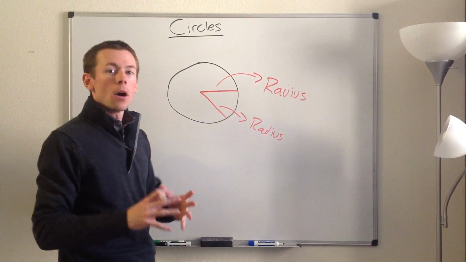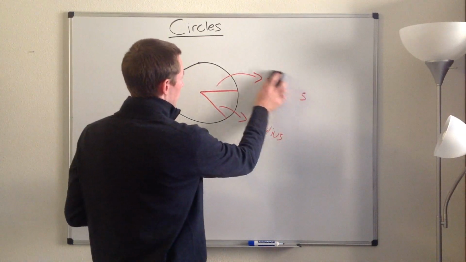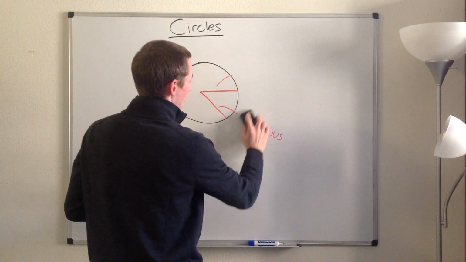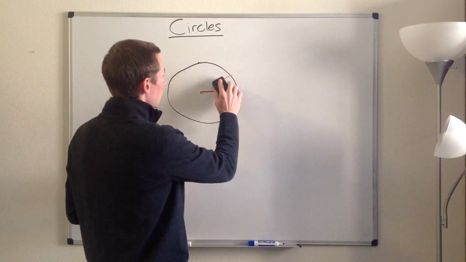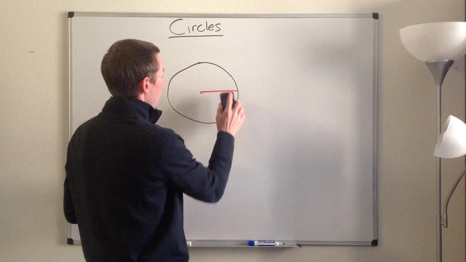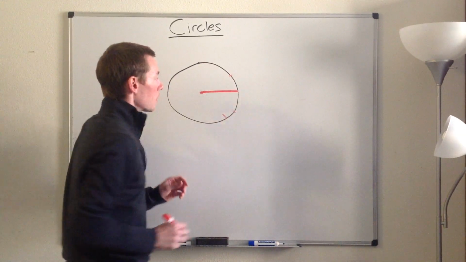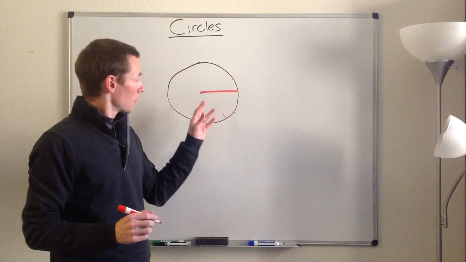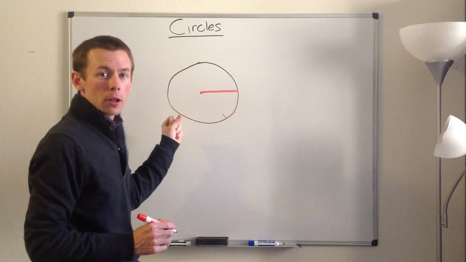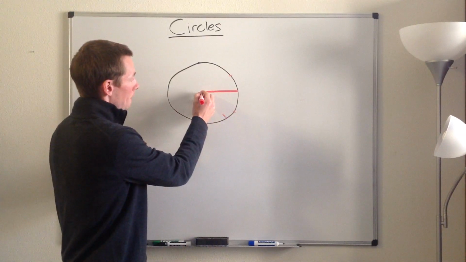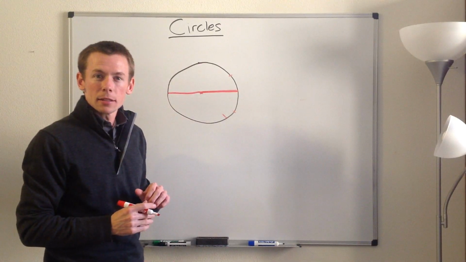Right? Now, the diameter of a circle is what you get when you draw the radius, from the center to the edge, and then I double the length of the radius and draw it to the other side like that. Right?